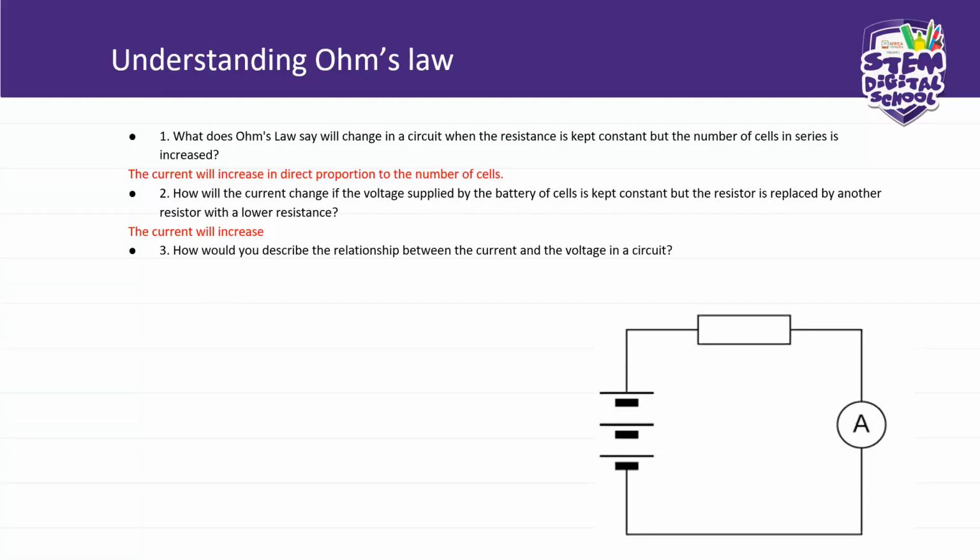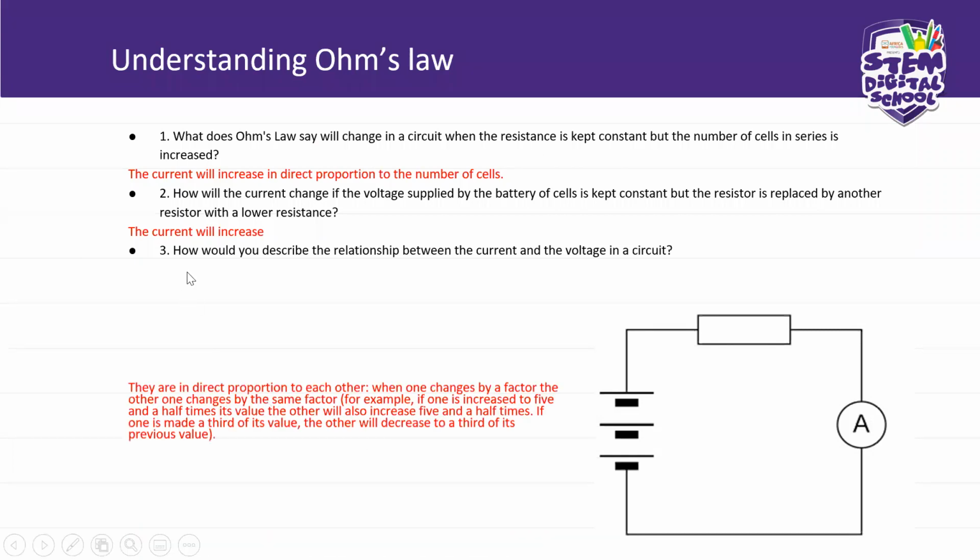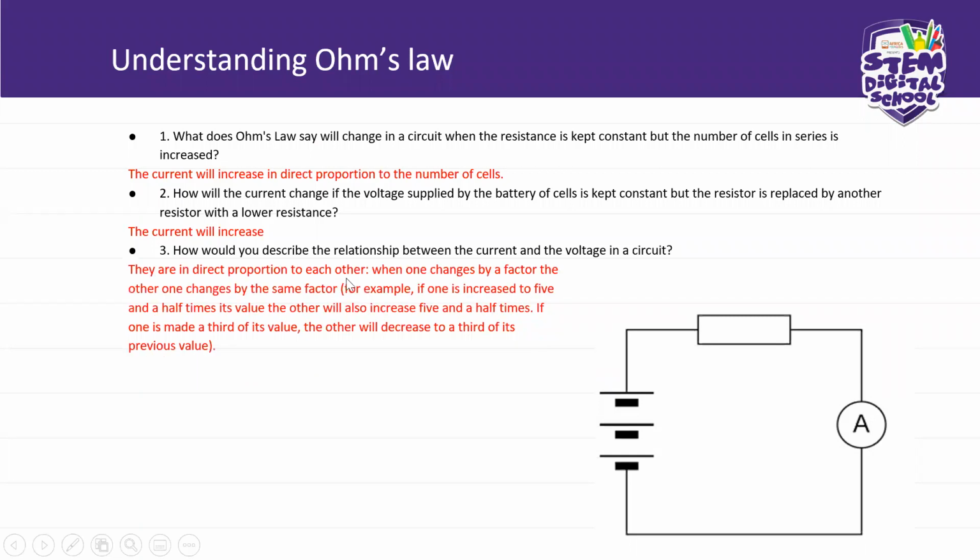How would you describe the relationship between current and voltage in a circuit? How would you describe the relationship? They are in direct proportion to one another.